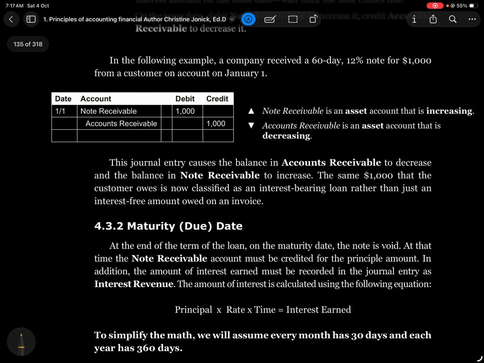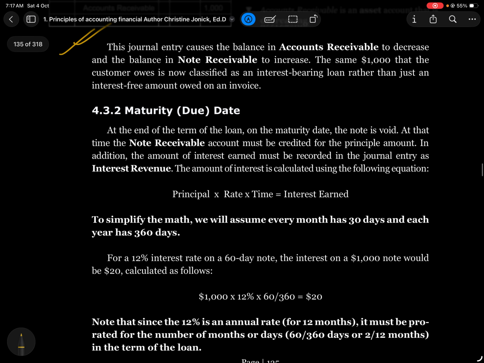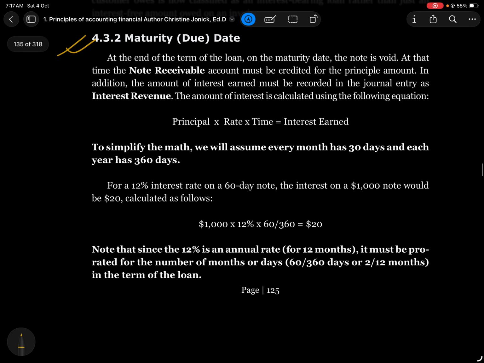This is normally done initially, but whenever there is a maturity or whenever they are paying back, we need to calculate the interest, right?